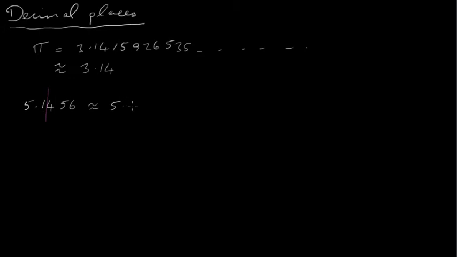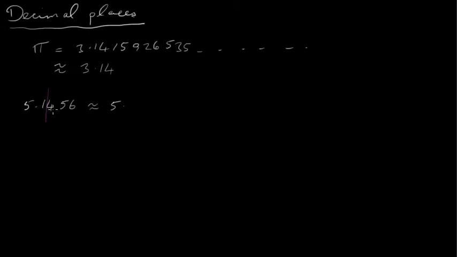Now what are we going to write here? Well, we have a 1 here. Now this 1 is going to do one of two things. It's going to stay as it is as 1, or it's going to round up to 2. They're the only two options. So which is it? Well, what determines what it does is the number on this side of the line. So this number here is a 4. So the rule is, if this number on this side of the line is a 0, 1, 2, 3 or 4, this number remains as it is.